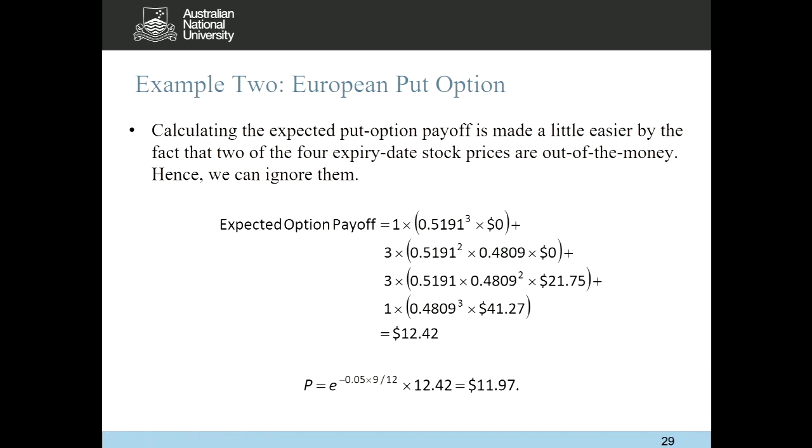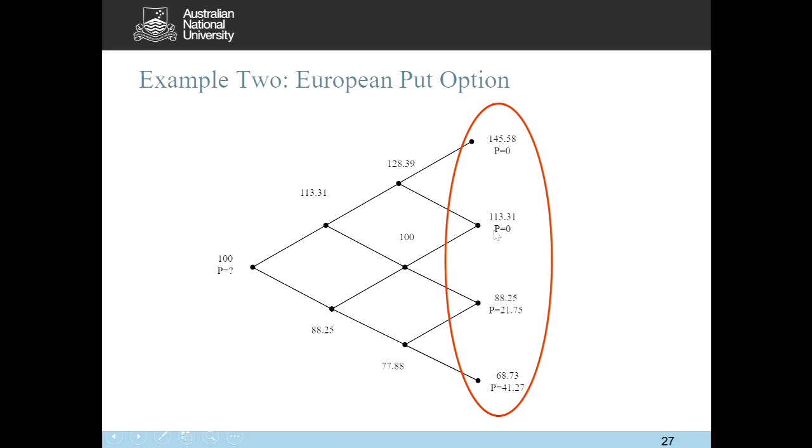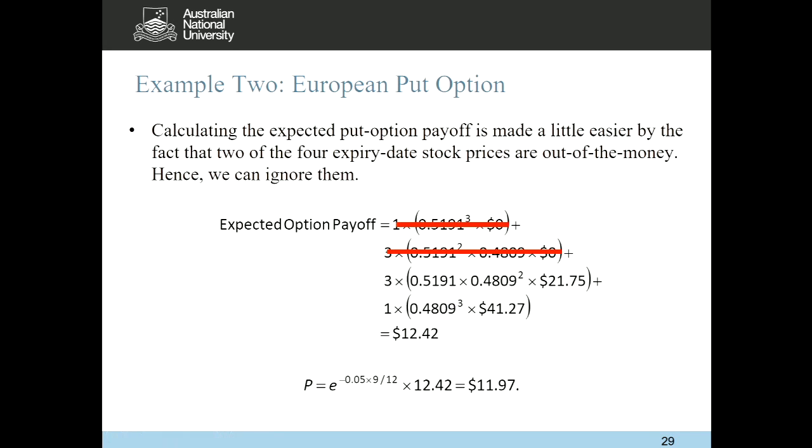And so as I mentioned before, you don't have to write out the 0 payoff. So 3 consecutive upturns will get us a payoff of nothing. So we don't write that out. And if you get to this point, 113 also has a nothing payoff. So don't bother to write that either.